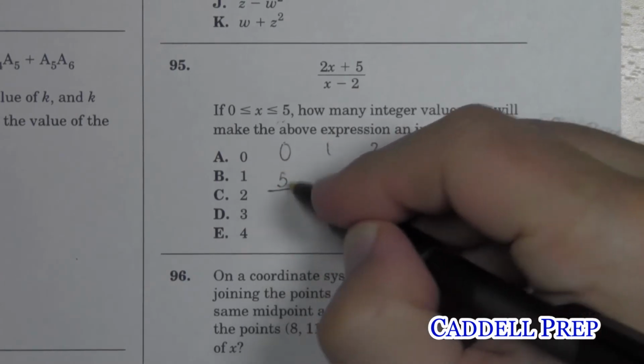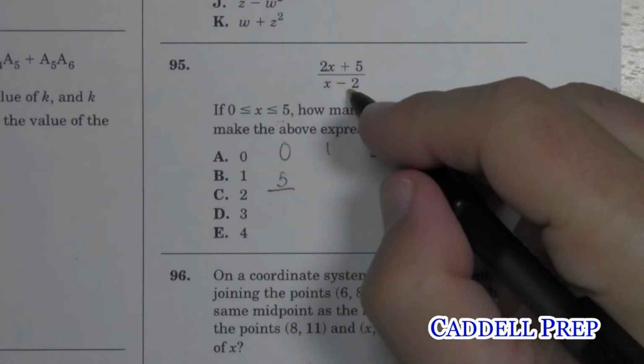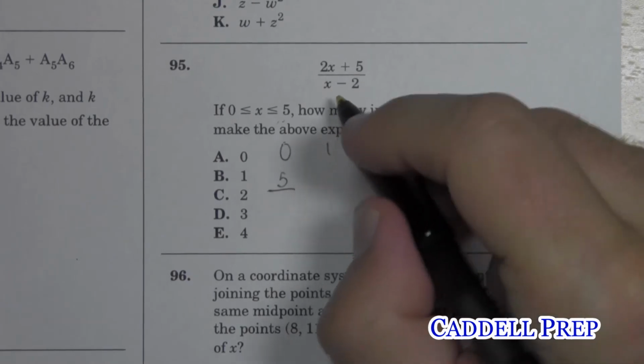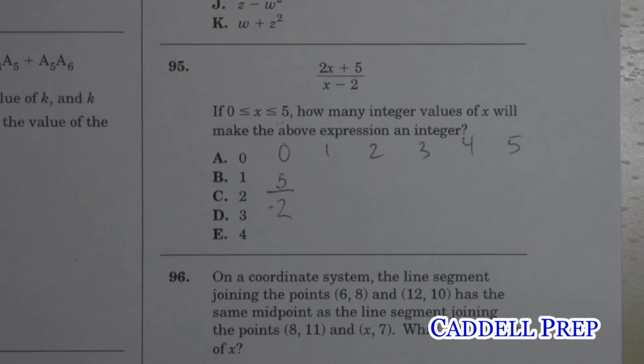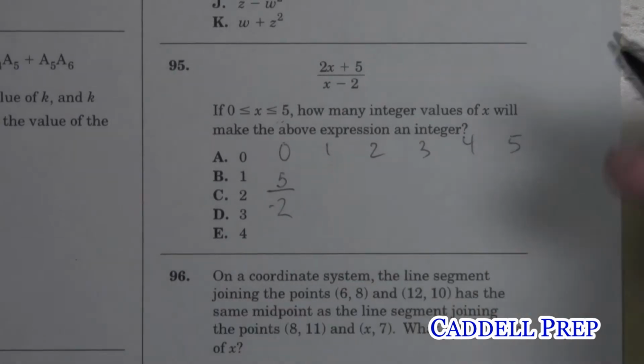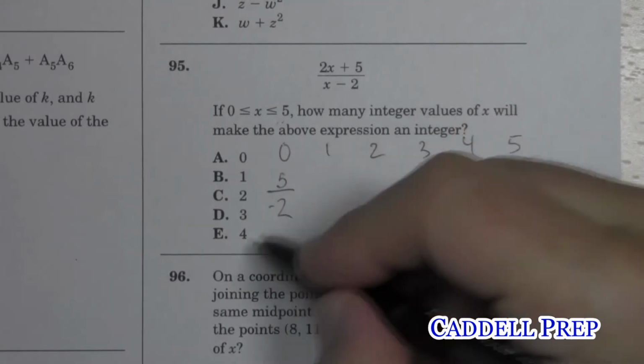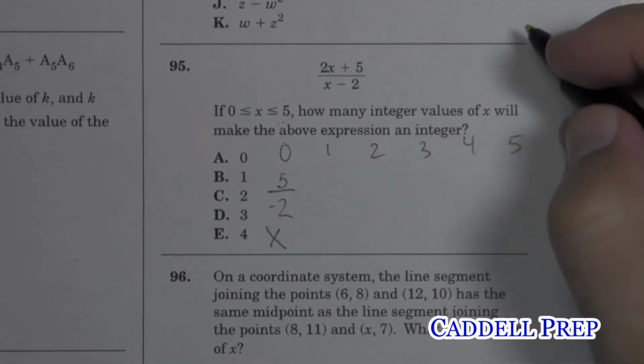So we have 5 in the numerator. And then we plug in 0 in the denominator. We have 0 minus 2, so that's negative 2. Okay, and that does not work. That's not going to be an integer. So we can put an x there to keep track.